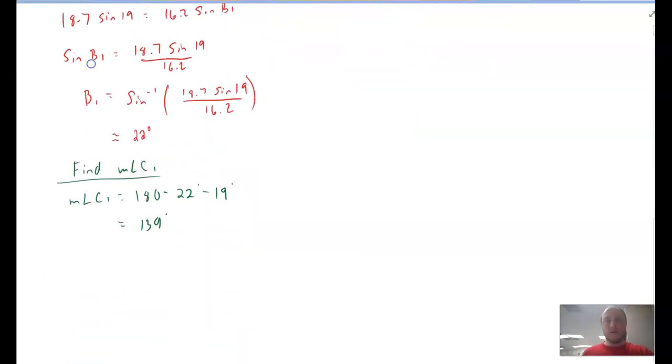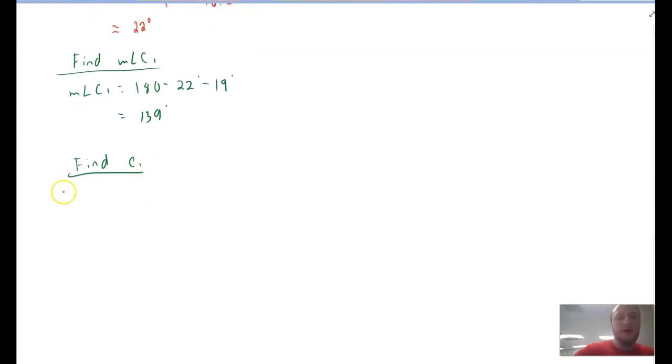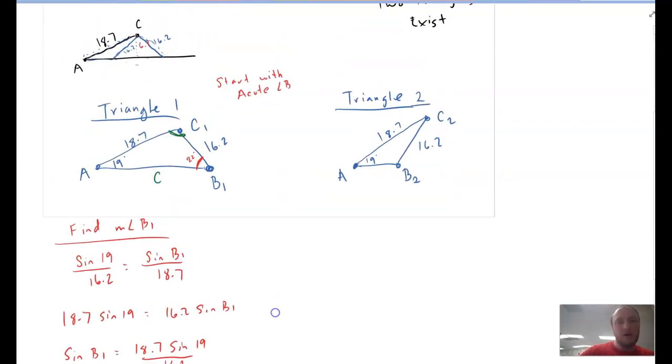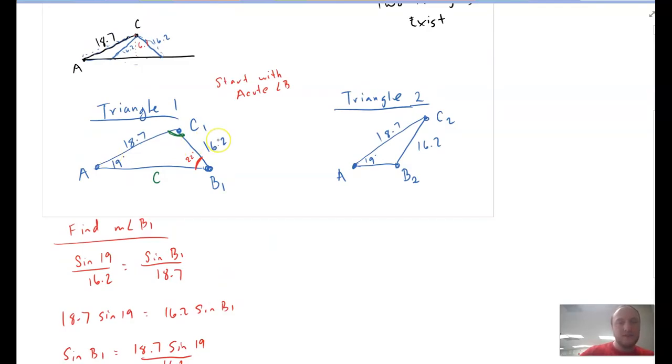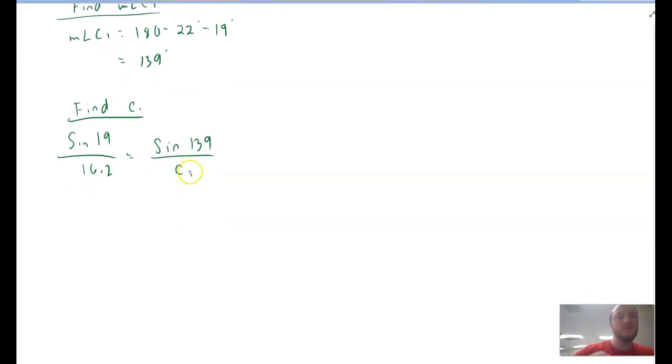Okay, so next I have to find C1. Again, I'm going to use law of sines. So I have sine of 19 over 16.2 is equal to the sine of whatever that angle is, so 139 over side C. You could say C1 if you want.